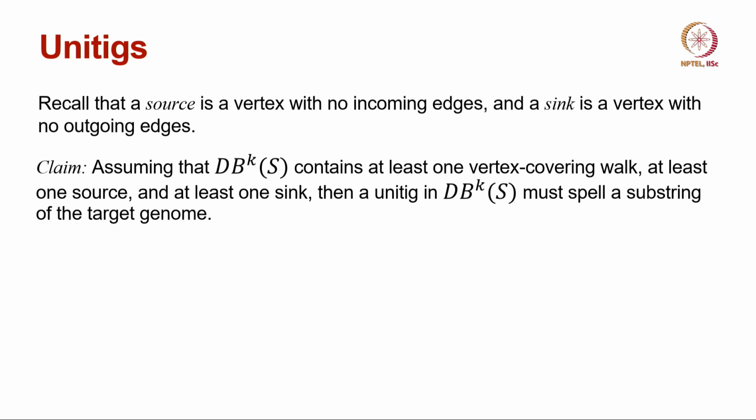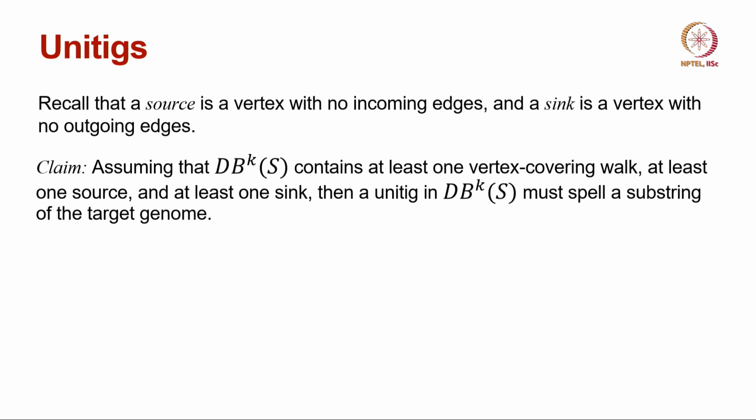It turns out that we can make a claim that all these maximal unitigs are safe. Remember that a source is a vertex which has no incoming edges in the graph, and a sink is a vertex in the graph which has no outgoing edges.